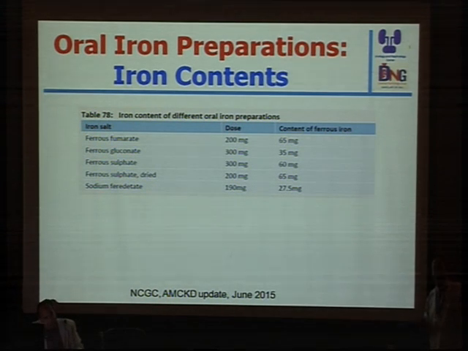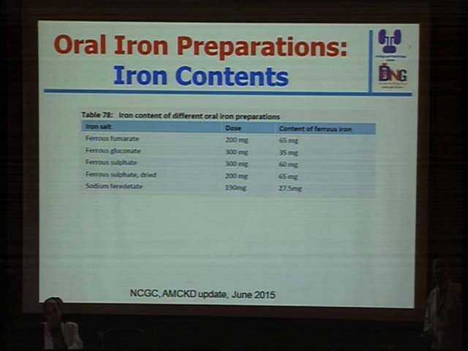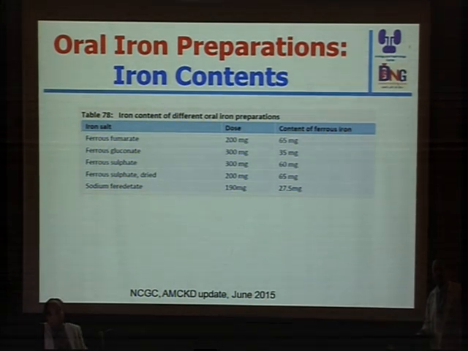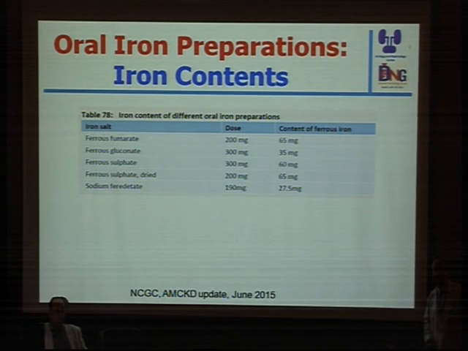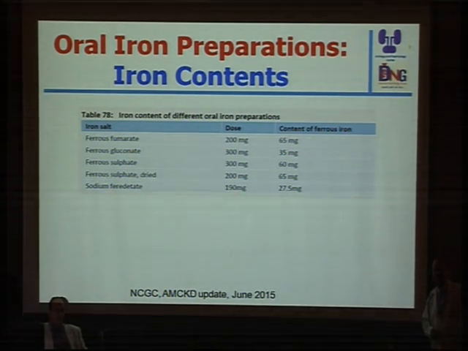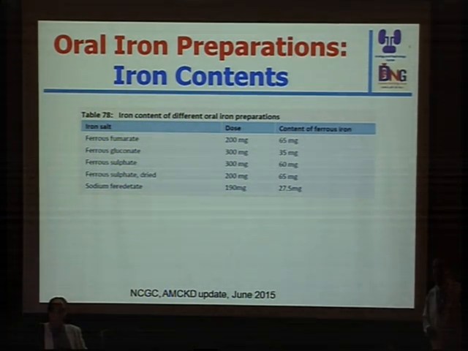If you have a patient with creatinine 2 milligram per deciliter, estimated GFR 45 milliliters per minute, will you give him parenteral iron or oral iron? Oral or parenteral? Why oral? If you say parenteral, why parenteral?